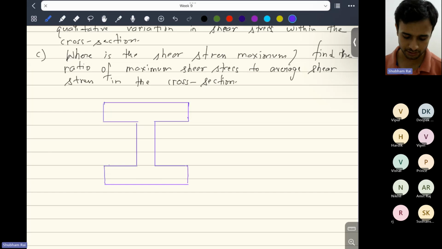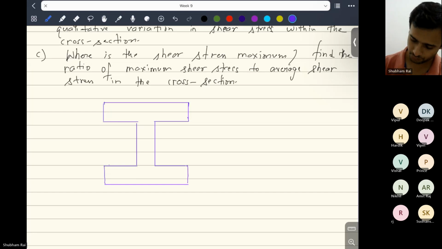Okay, so this is the I section, and the dimensions are: this dimension is T, this is also T, and the widths of the upper and lower flanges are equal. So this width is B, and let's say this is the neutral axis.